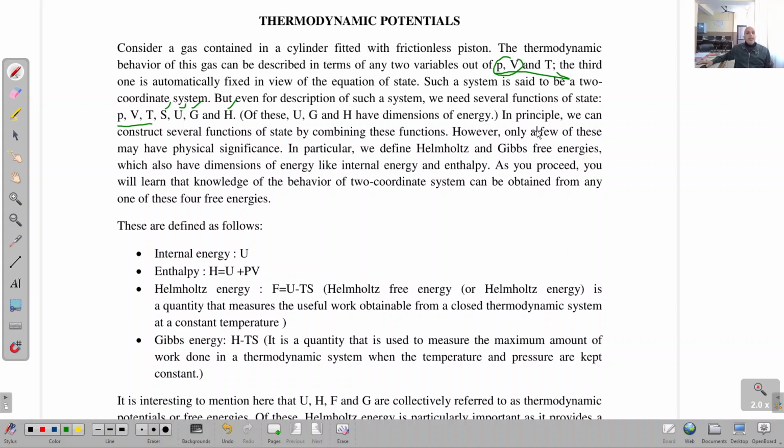Now, in principle, we can have several functions of the thermodynamic state of the system, which can be obtained by combining these different quantities. But only a few of them have physical significance, like Helmholtz free energy, Gibbs free energy, and enthalpy. So we are going to consider only those.